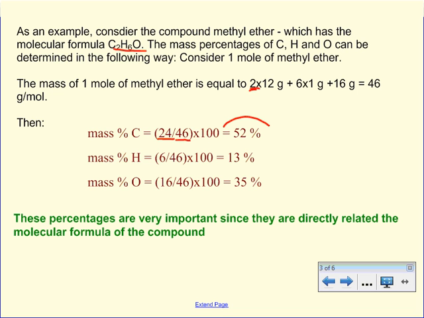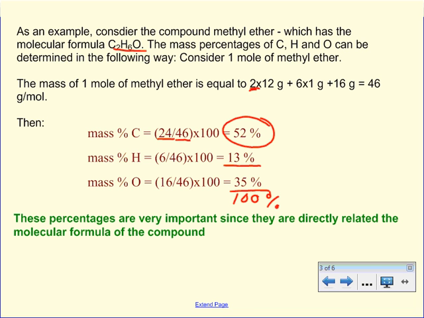So it tells me that carbon constitutes 52% of this molecule. Hydrogen, 6, because it's 6 times 1, divided by 46 gives me 13% as mass composition. Oxygen is the remaining 35. And if you add them all up, it should equal 100%.